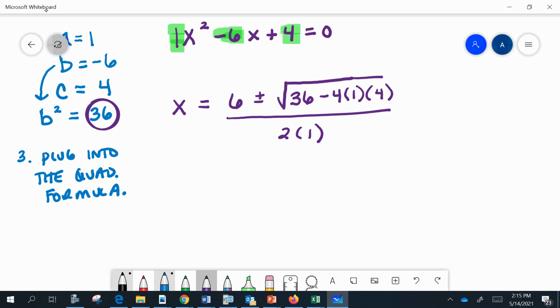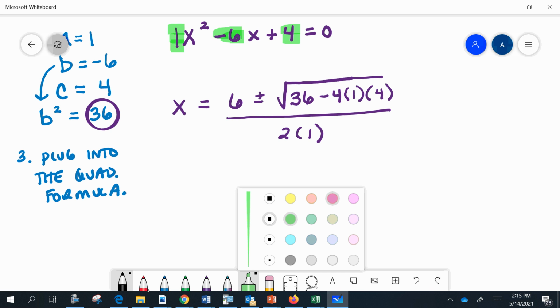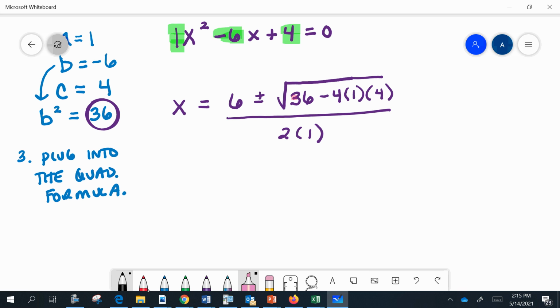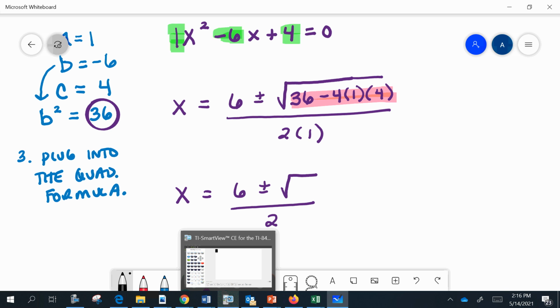Now, the next thing that I want you to do is calculate this part right here that's underneath the radical. This is where we're going to get our calculators. It's going to look like this: x equals 6 plus or minus the square root of some number divided by 2. Well, this is where I'm going to go into my calculator, and I'm going to type in the calculator exactly the way that it's written.